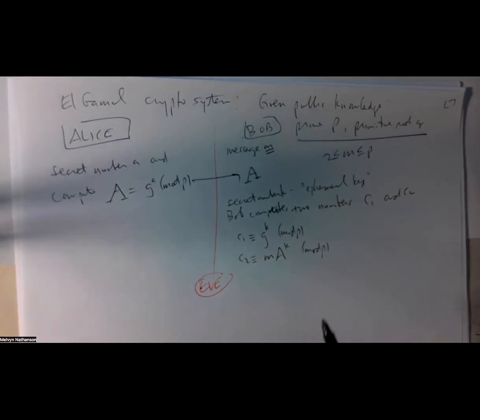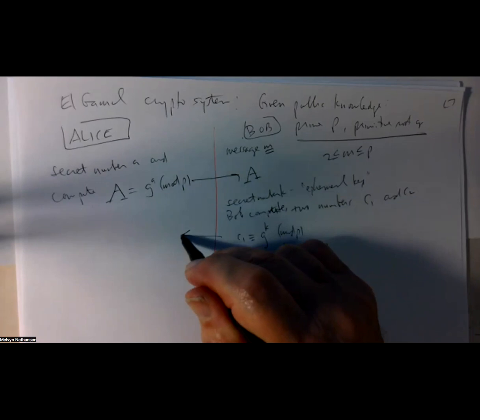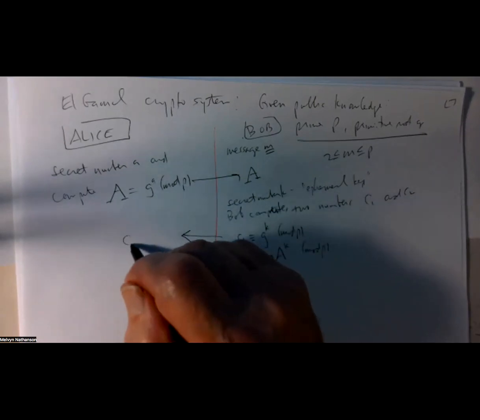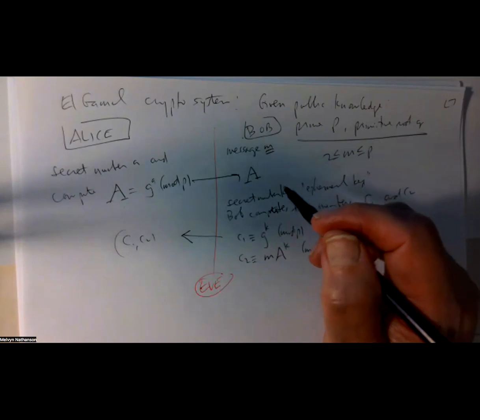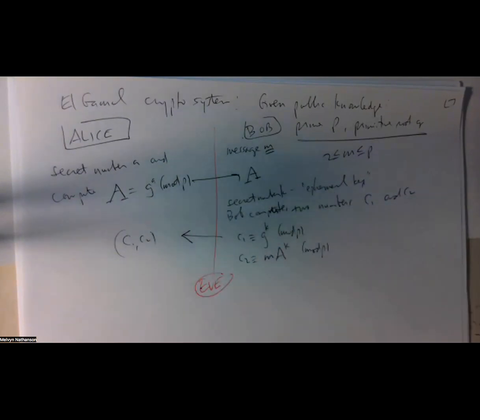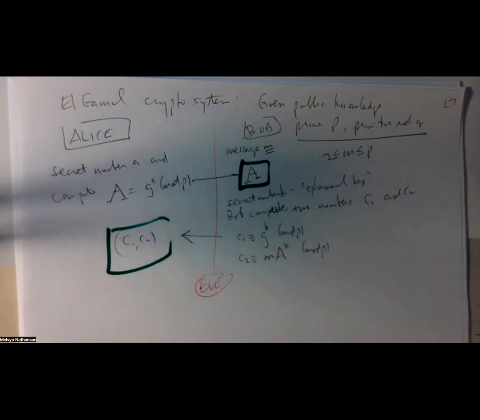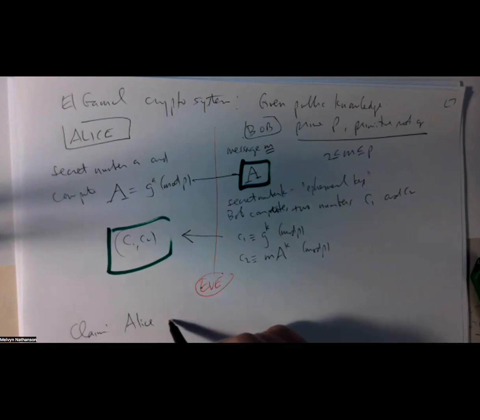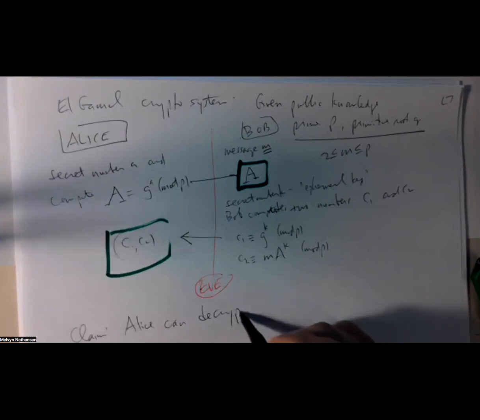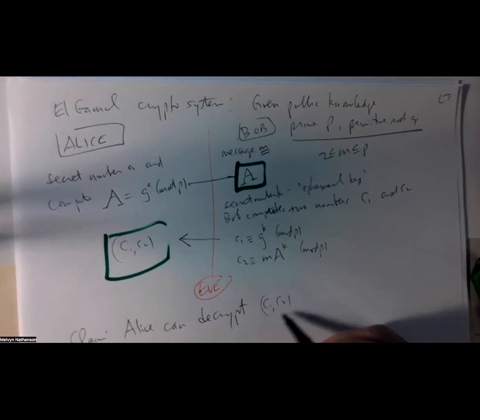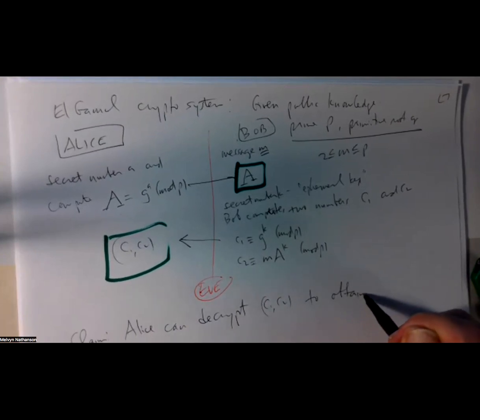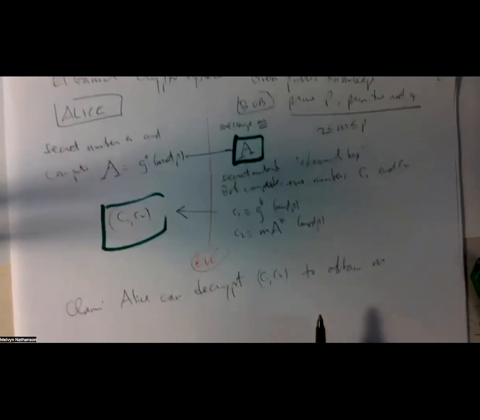So these are the two numbers, C1 and C2, right? And what Bob sends to Alice is the pair C1, C2, right? So what Alice sends to Bob is this number A. What Bob sends to Alice is this pair. And the first thing to check is, this is a claim, Alice can decrypt C1, C2 to obtain the message M that Bob wanted to send to her, right?